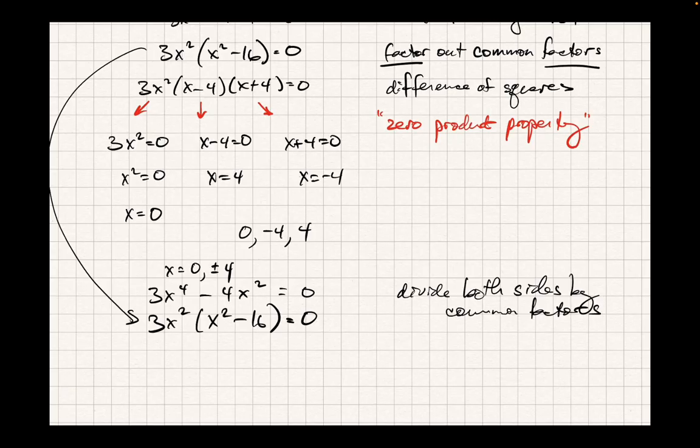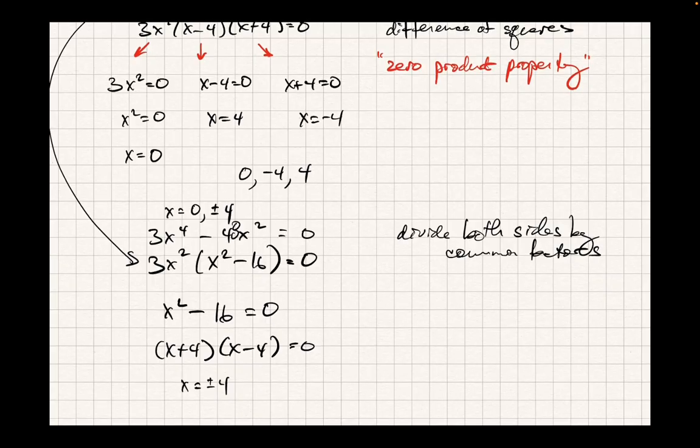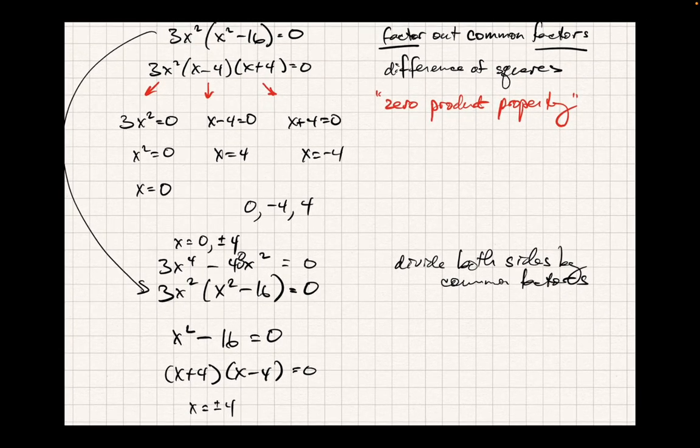The left side should be x squared minus 16 equals 0, and then solve the rest of it. It would be x plus 4, x minus 4, and use the zero product property. It would be x equals plus or minus 4. Right. What did I do to my answer? It missed one answer. I deleted an answer.